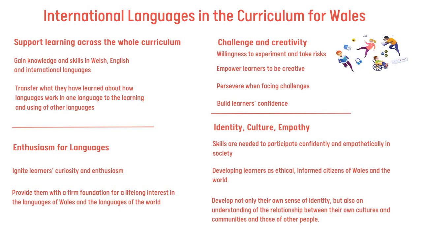So they really begin to make a link between how we live, how we speak, what we do compared to others. So there's just some of the cross-cutting themes that international languages really support English and Welsh, and being able to achieve these aims for our children.